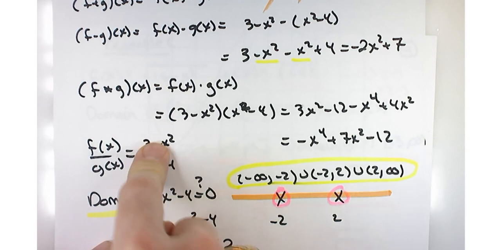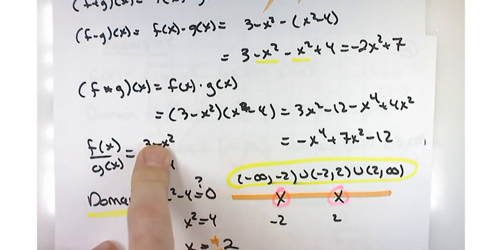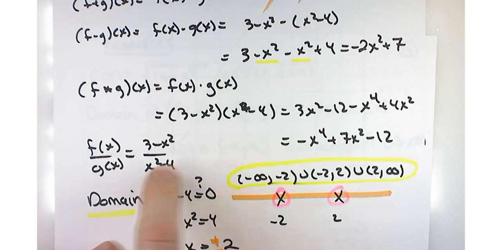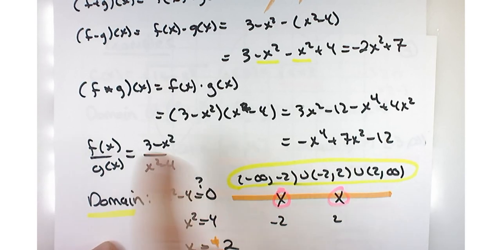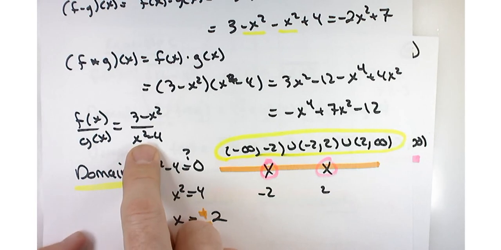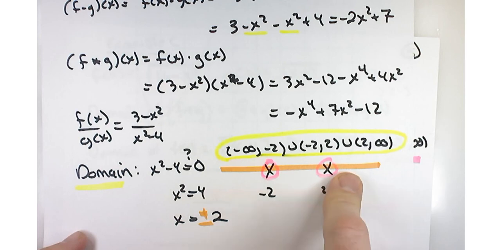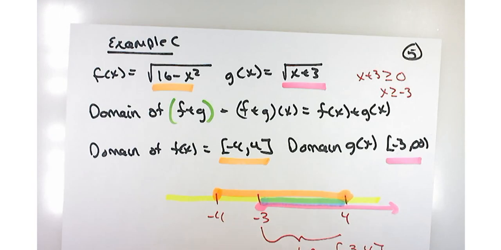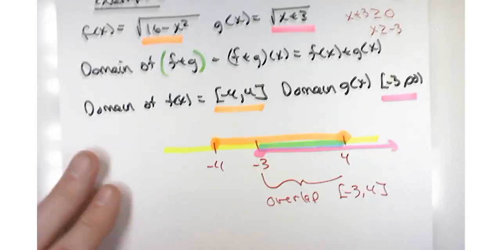I could do that same analysis where I say, okay, what's the domain of this? What's the domain of this? Where does it equal 0? That kind of thing, and get at the domain that way. It's easier in this case just to figure out where this is equal to 0 and exclude those points.